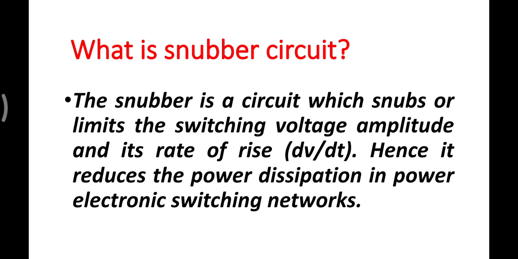It is a circuit used to limit the voltage amplitude, and it is also used to limit the rate of rise of voltage with respect to time. Because of these limitations we can reduce the power dissipation of the electronic network. This is the snubber circuit.